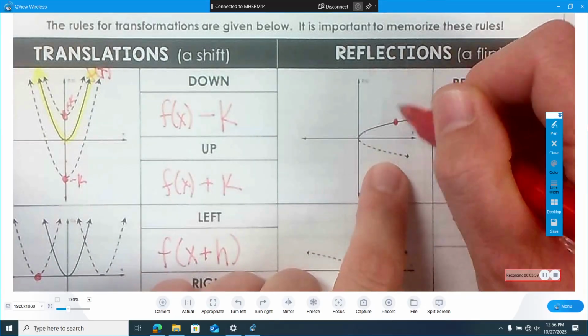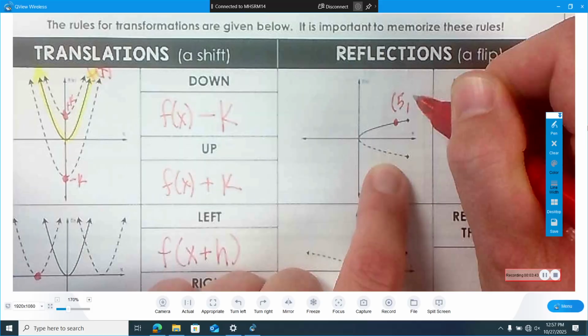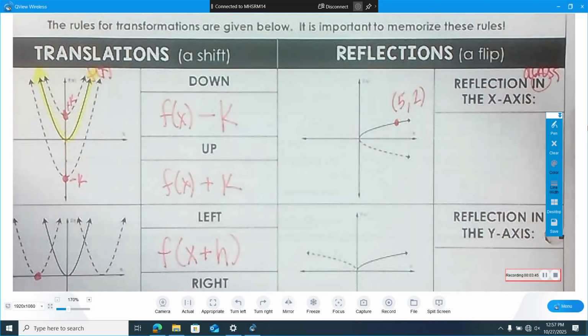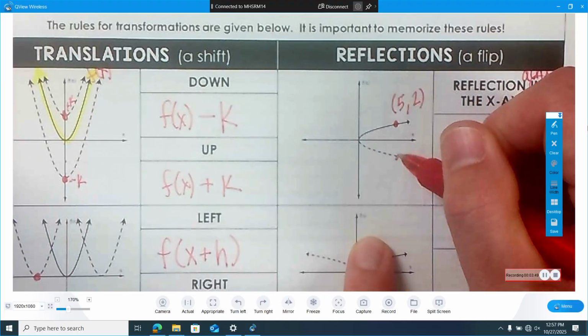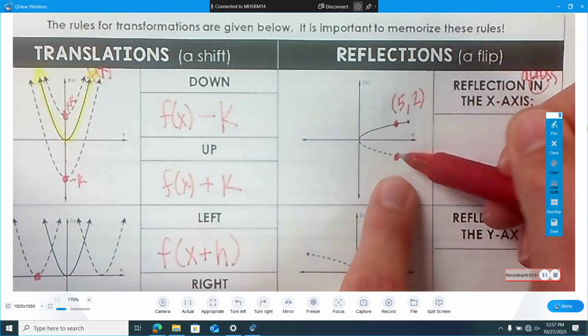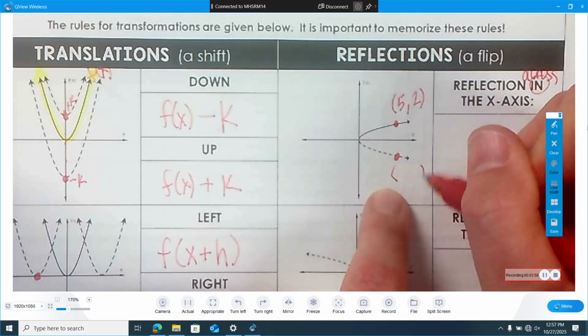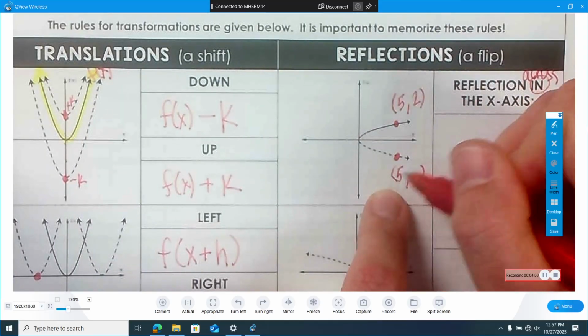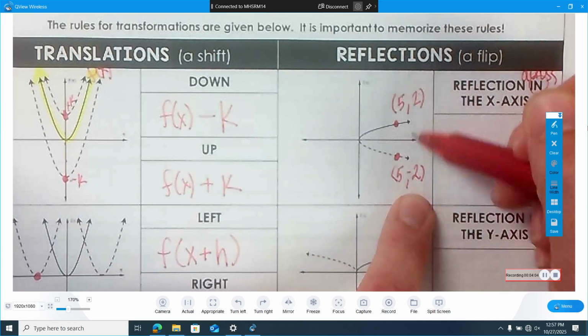Imagine this is the point 5, 2. If I reflect it over the x-axis, what does it become? 5, negative 2. So that affects the y value.